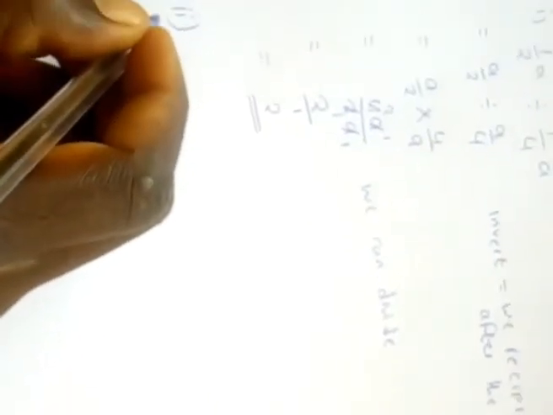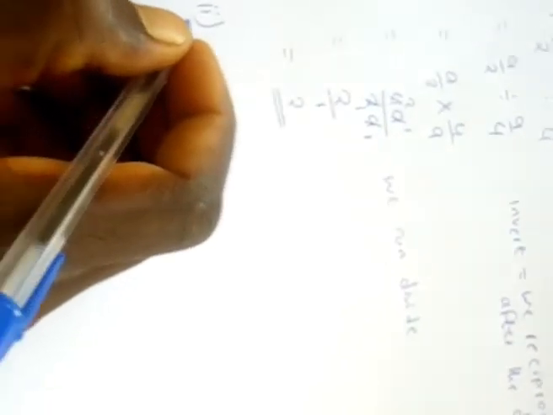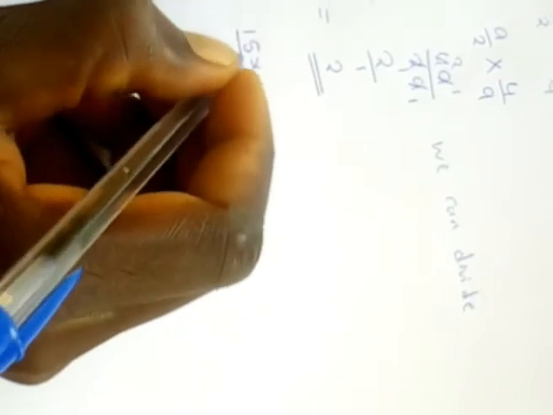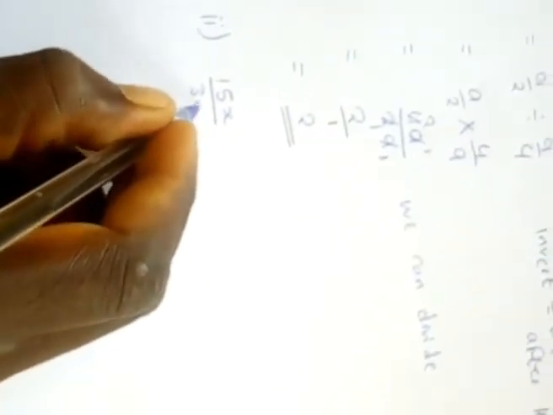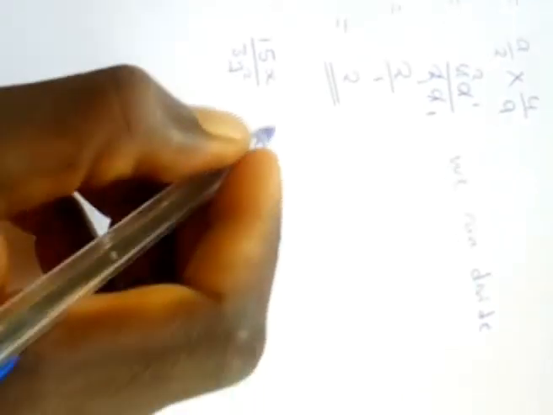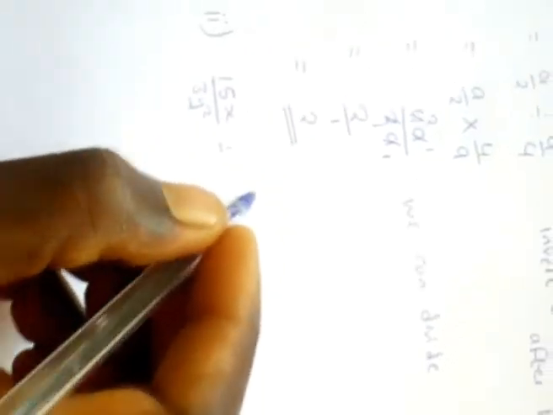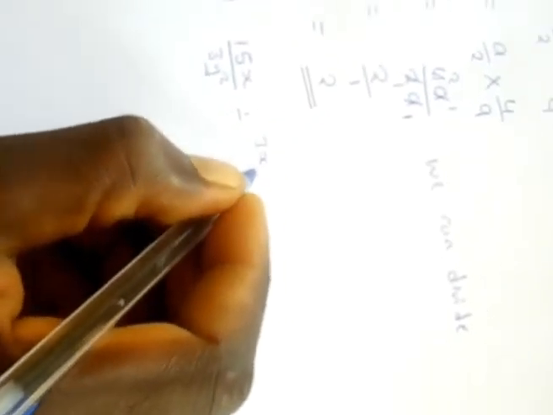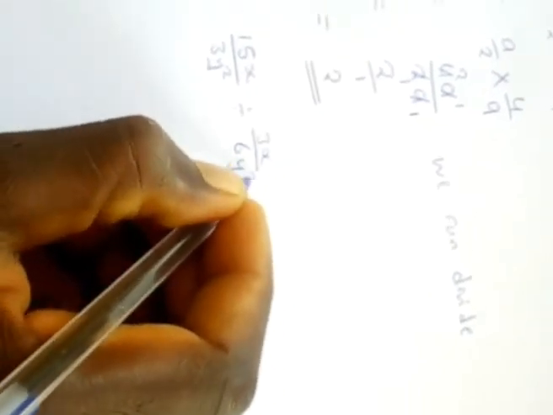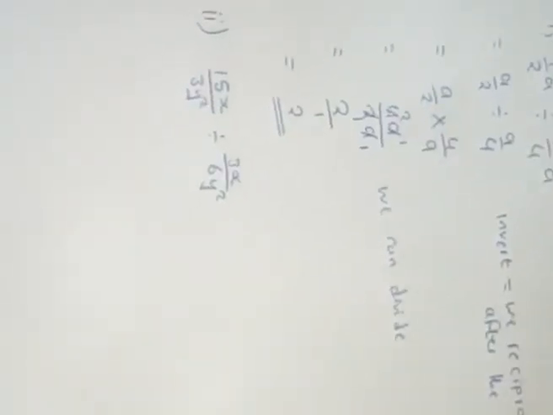Then on the second one, we have 15x out of 3y to the power 2, and we are dividing by 3x out of 6y to the power 2. So similar stages to what we did in the first one.